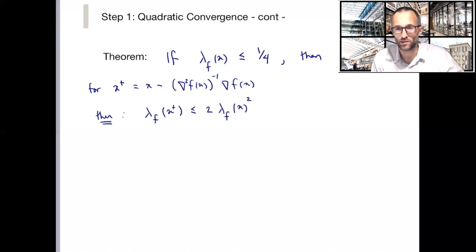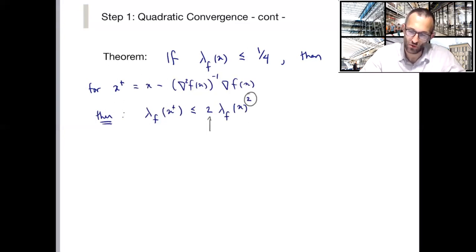So comparing to what we saw for Newton's method, again, this is not a geometric convergence rate where we're looking for this multiplier here to be something small. We don't care about that. What is really important is this square here.